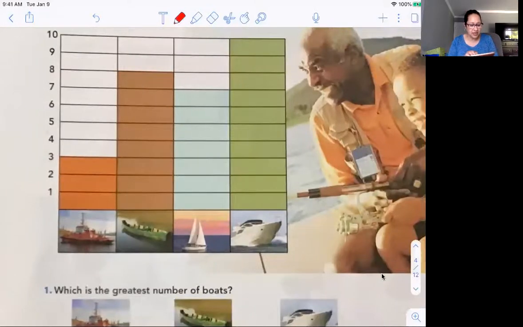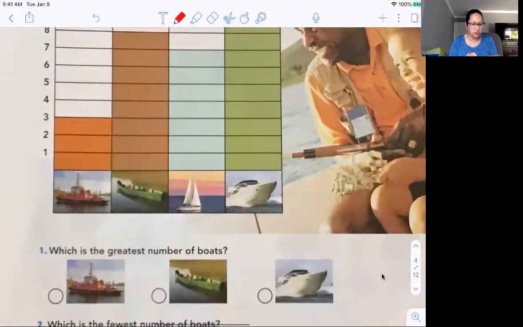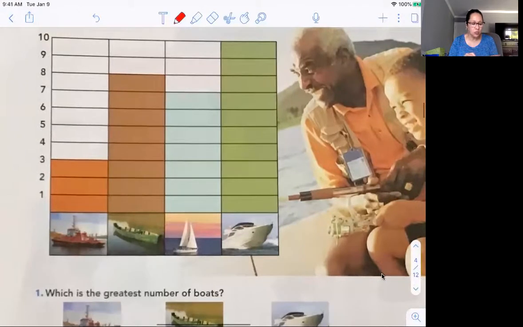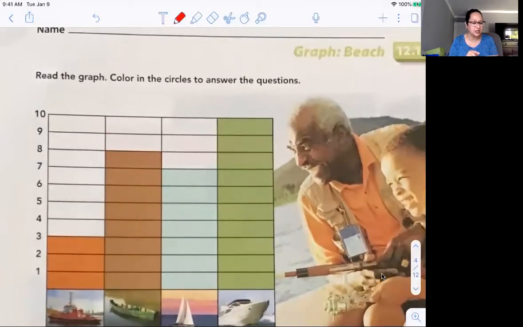And each of them has a rectangle. You see the rectangles. Remember we talked about each rectangle represents something. In this case, they're going to represent whatever questions they're asking. So it says read the graph and color in the circles to answer the questions, right? So let's read the questions. Here we go.